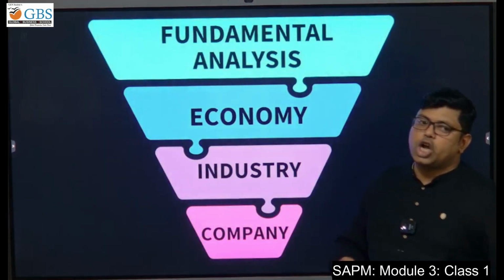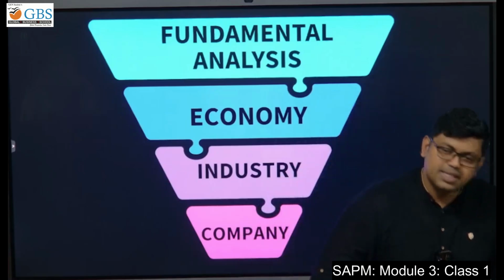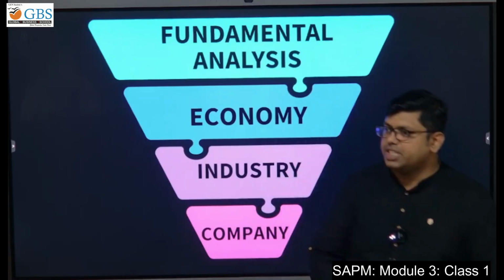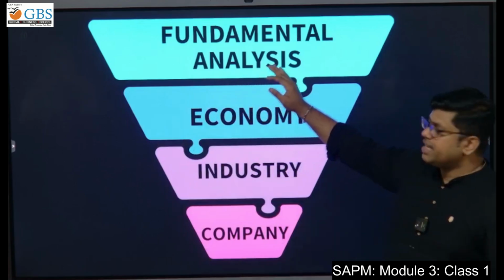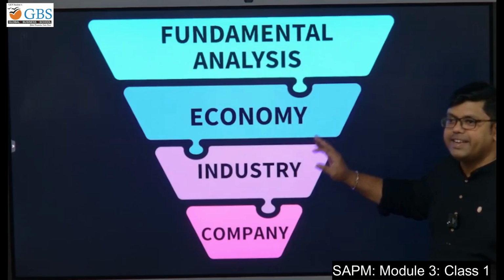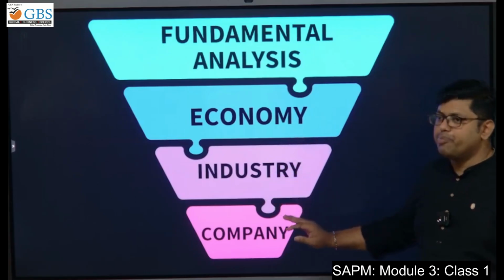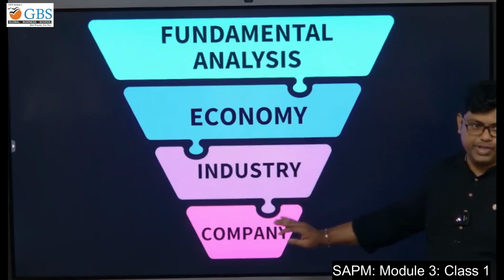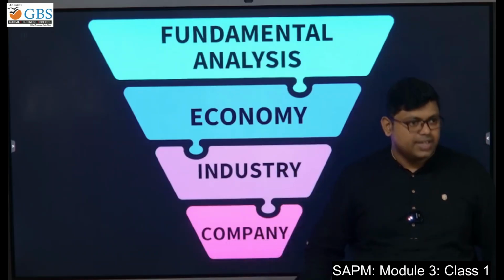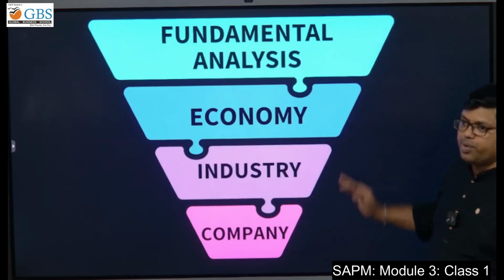We call it a top down approach of fundamental analysis, starting with the first, economic analysis. The first step is economic analysis, then we'll understand the industry analysis, then we are going to analyze the company as an individual. So we call it a top down approach.